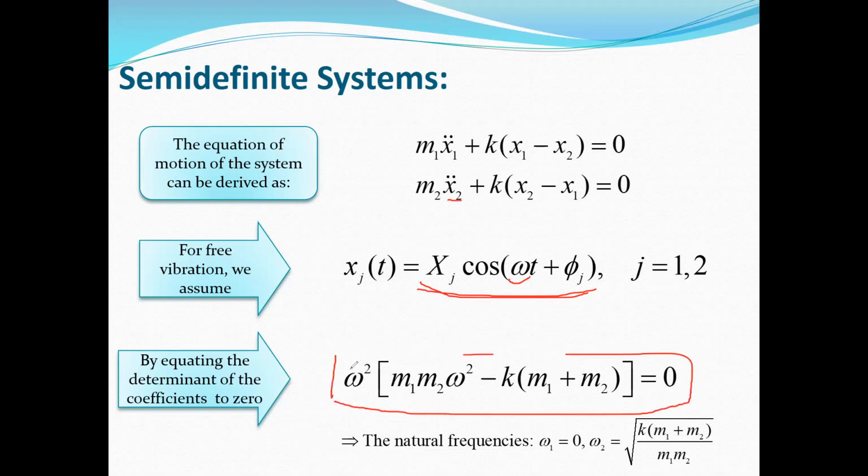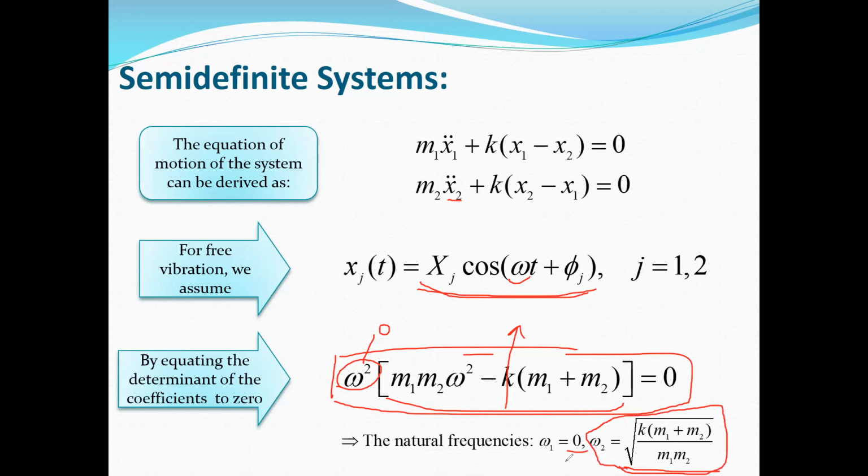In this equation, you can see the roots of omega are 0 and one non-zero component. Here you can see the first frequency is 0, as here we have omega squared multiplied by this term. It means that one root is 0 and the second root will be obtained from this term, and it's equal to this term calculated here.